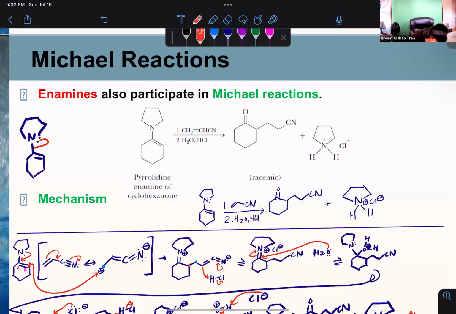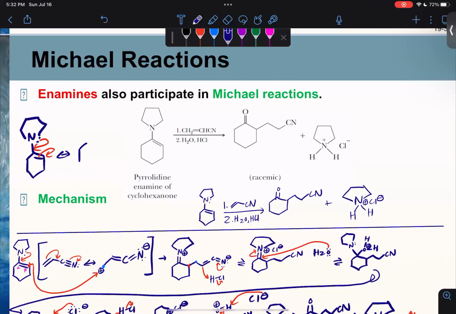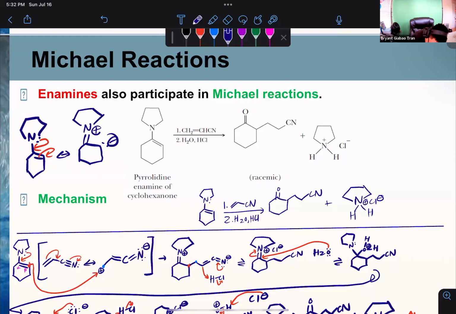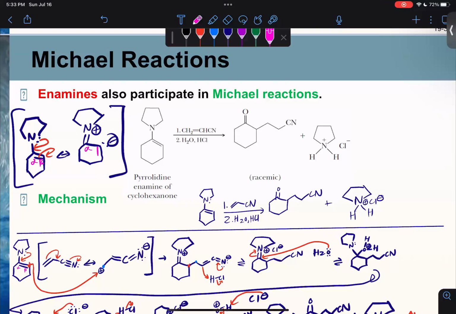When we do the resonance form by reforming the double bond between that carbon and nitrogen, this double bond can only go onto that carbon. And that gives that carbon a negative charge. The alpha carbon would never have that negative charge, which is why the beta carbon is the nucleophile, not the alpha. Okay, perfect.